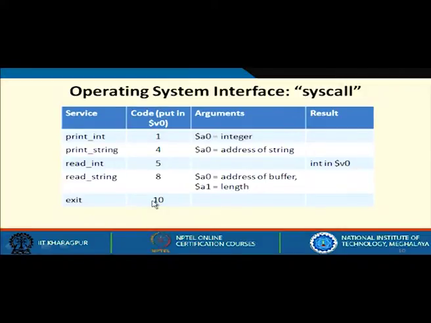Also, the code for exit is 10, and after putting the required values in these registers, you have to do a syscall. Other system calls for floating point numbers also exist, which are not included here.